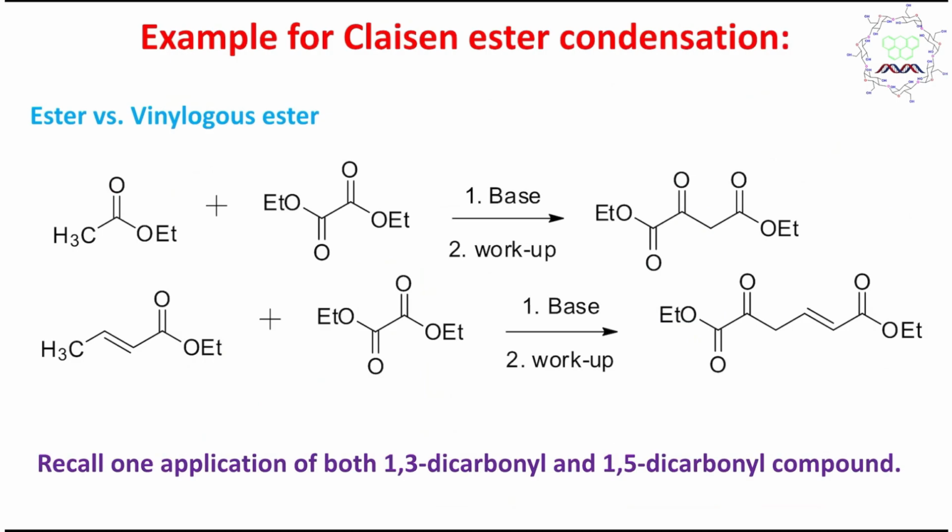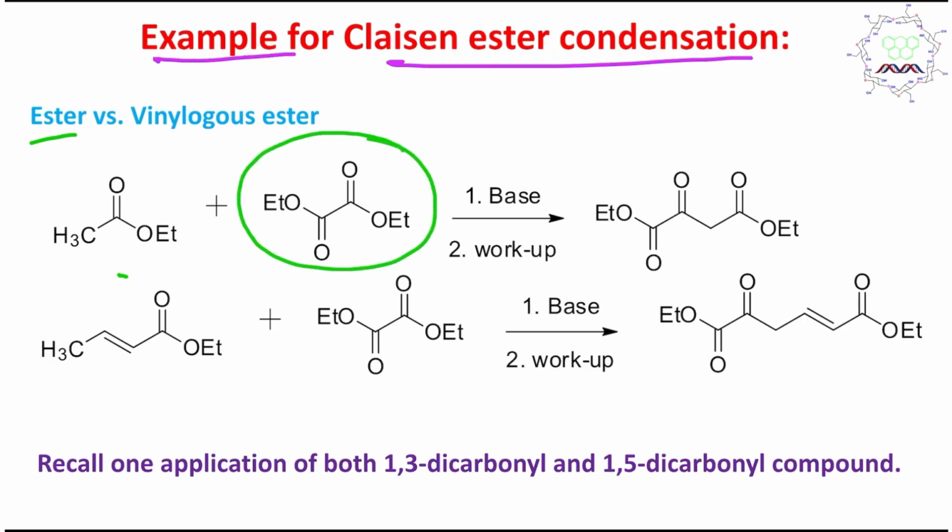Now let's come to a real example for the Claisen ester condensation. By the way, I have already uploaded many dedicated lectures on Claisen ester condensation, so I shall not go into the mechanism. I shall briefly explain what happens. If you look at this ester, it does Claisen ester condensation with diethyl oxalate ester.